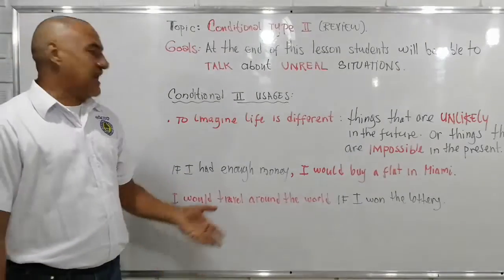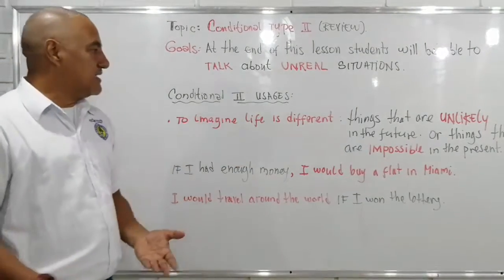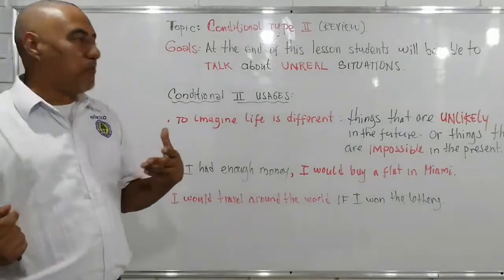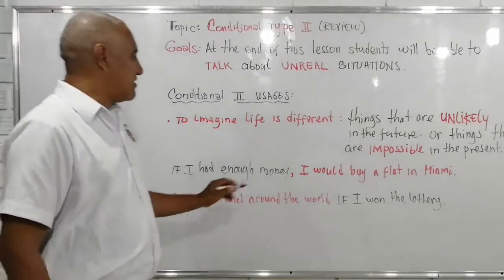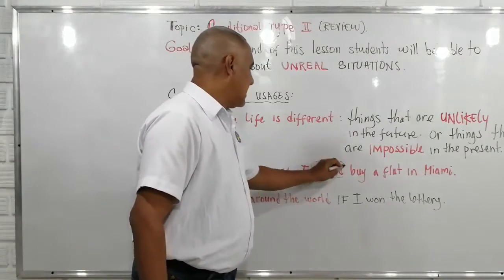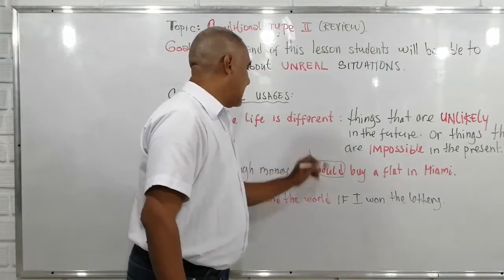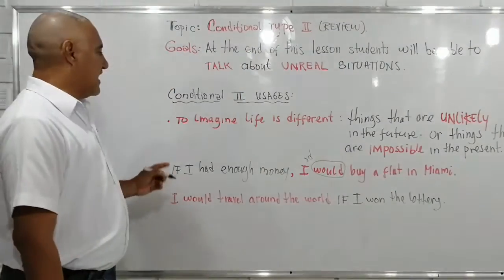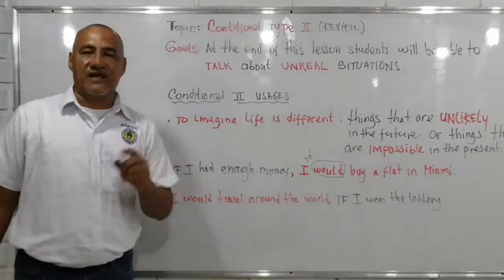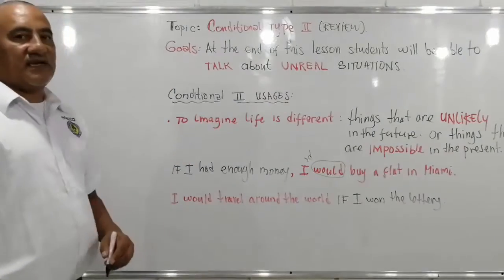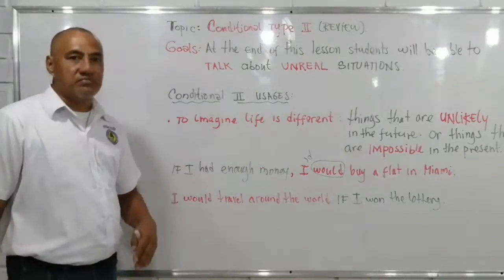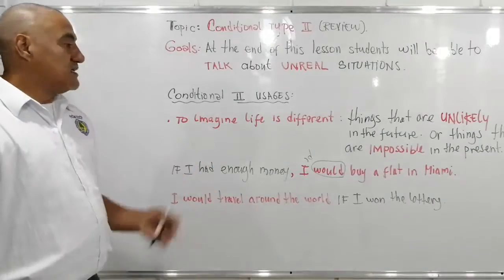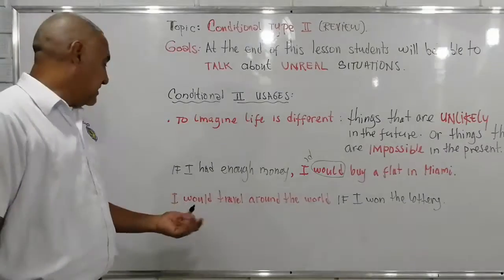Here I have a couple of examples. If I had enough money, I would buy a flat in Miami. Remember that here I can use the contraction I'd. If I had enough money, I'd buy a flat in Miami. Look at another example. I would travel around the world, viajaría alrededor del mundo, if I won the lottery.